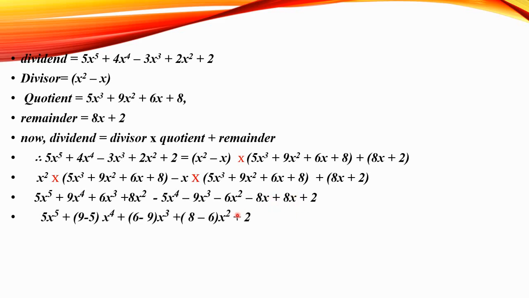Bringing the like terms together, we get 5x raised to power 5 plus (9 minus 5)x raised to power 4 plus (6 minus 9)x raised to power 3 plus (8 minus 6)x raised to power 2 plus 2. Solving it, we get 5x raised to power 5 plus 4x raised to power 4 minus 3x raised to power 3 plus 2x square plus 2, which is equal to the left side.